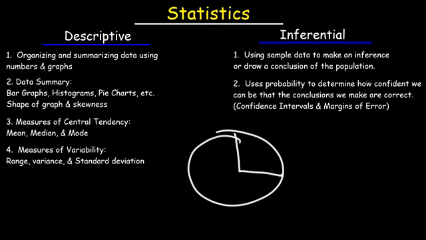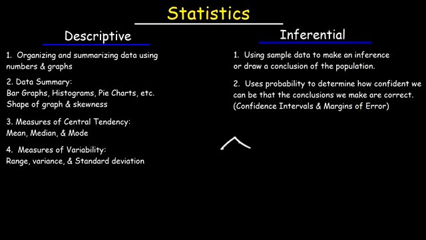Now there's other graphs too. You can organize it using a line graph. You can also use tables to organize your data. You could use a frequency table, a frequency distribution table, and there's a lot of different ways of organizing it. And so that falls under descriptive statistics.